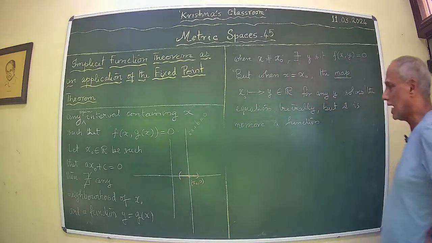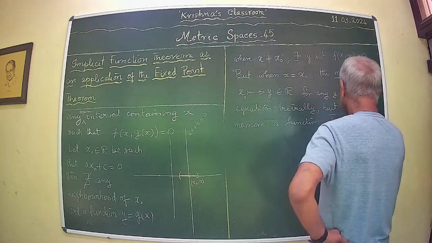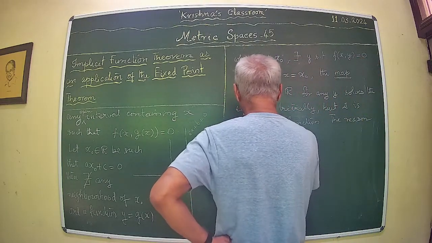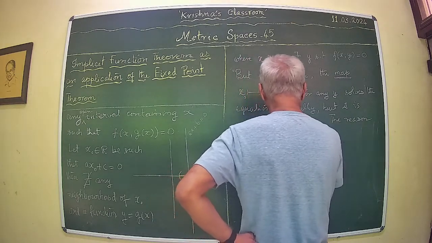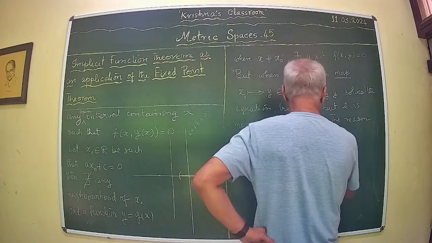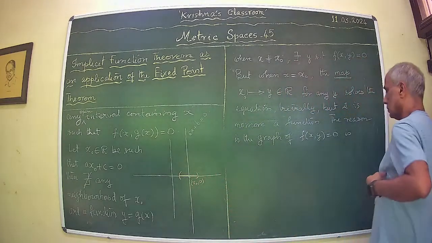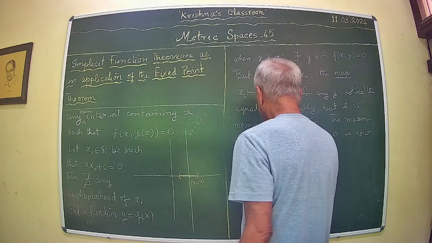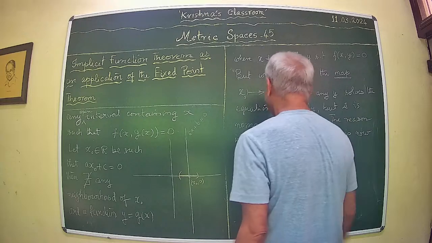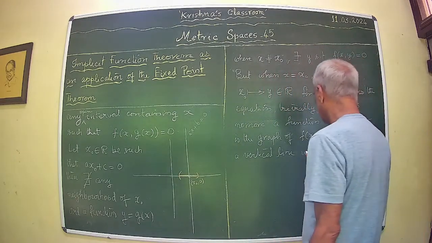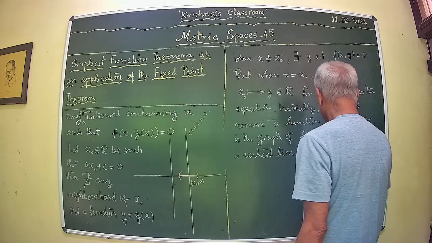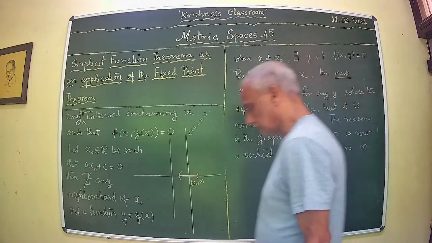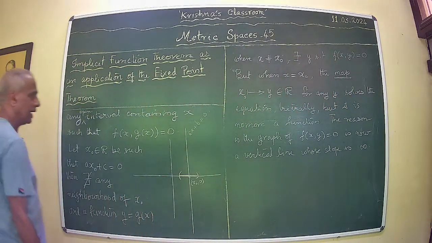The reason is this: the graph of the function is now a vertical line whose slope is infinity. That's a problem.